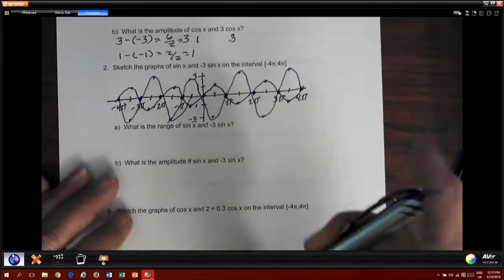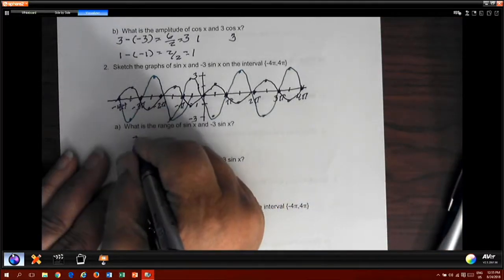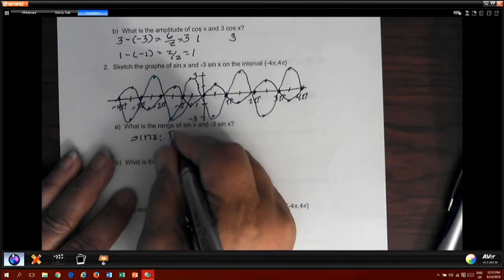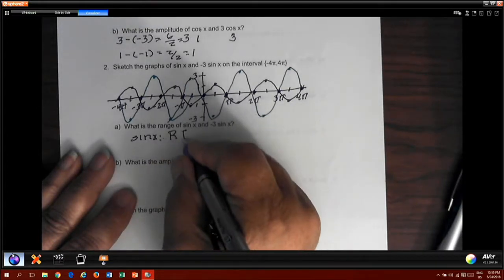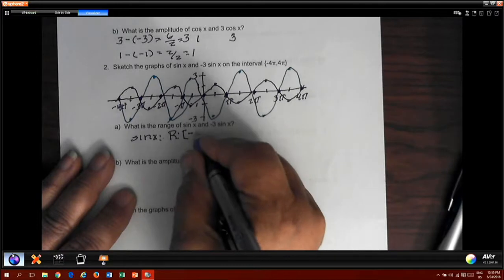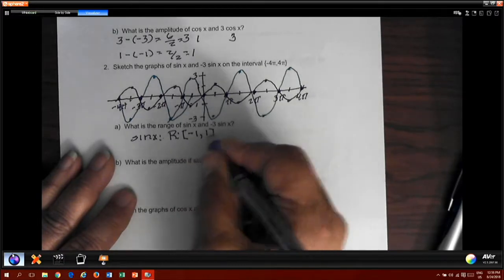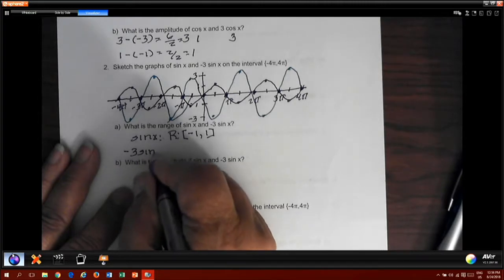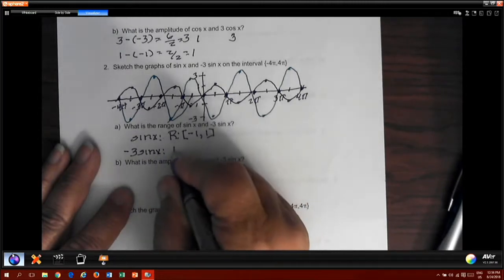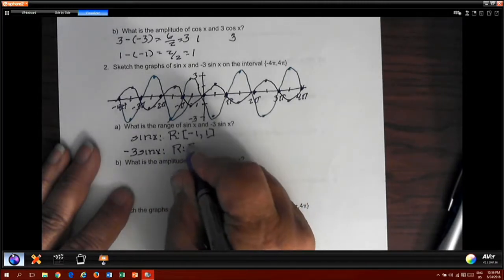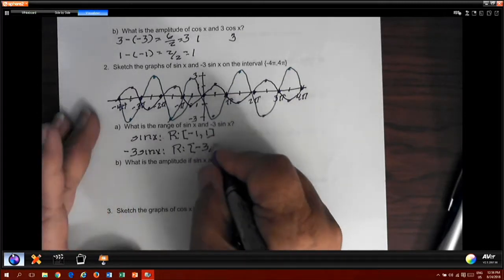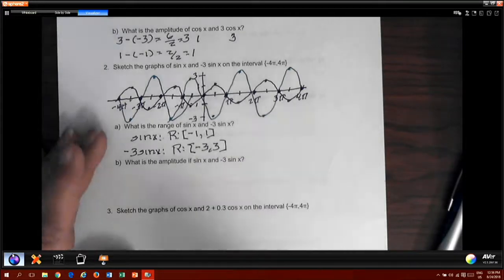Now the range for sine of x is the same as it is for cosine, from negative 1 to 1. For negative 3 sine of x, the range is the same as it is for 3 cosine of x, which is from negative 3 to 3.